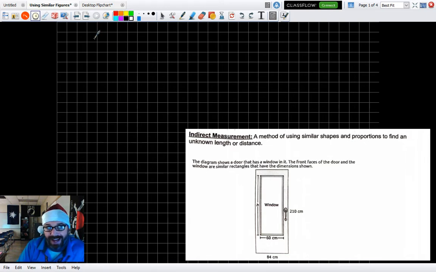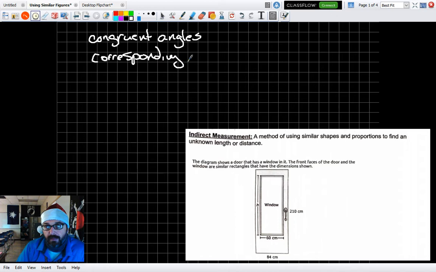They must have congruent angles, and the corresponding sides must be proportionate.